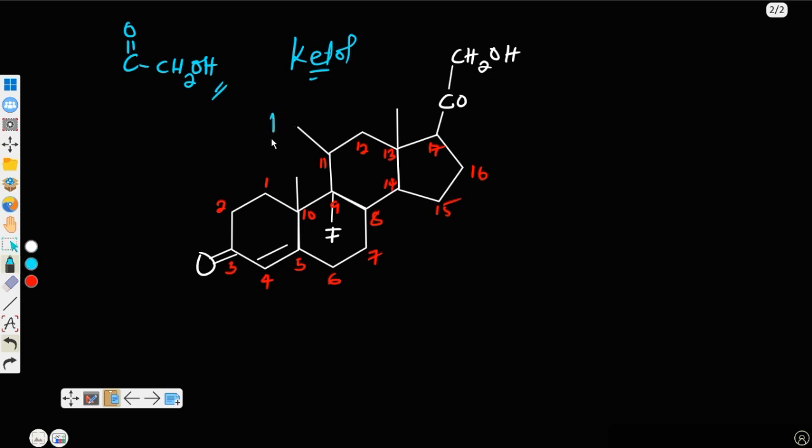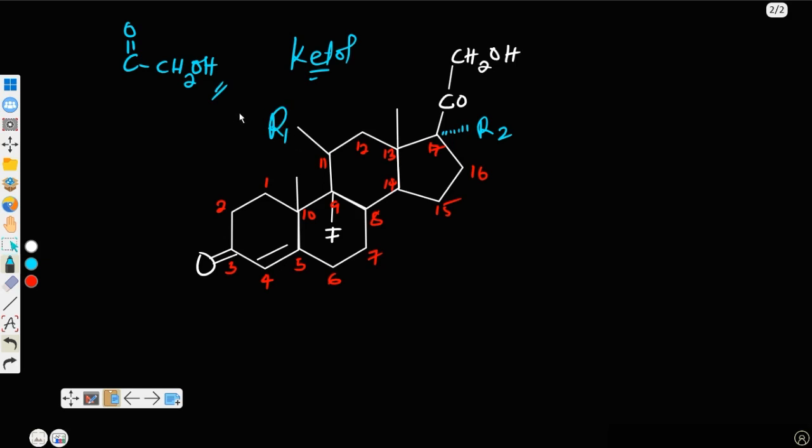Now, you could also have this group here. You name it as R1. And then you have this group here that emanates from here. This is R2. Now, the substituent that you put into R1 and R2 will tell you the kind of glucocorticoid or the type of adrenocorticoid that you are looking at. If R1 is double bond O, and R2 is OH, you call it cortisone.